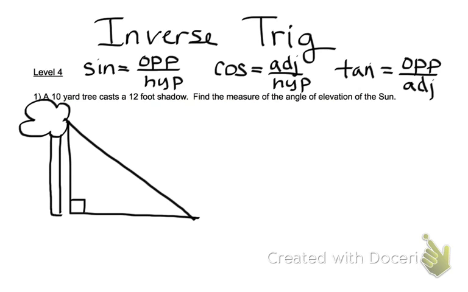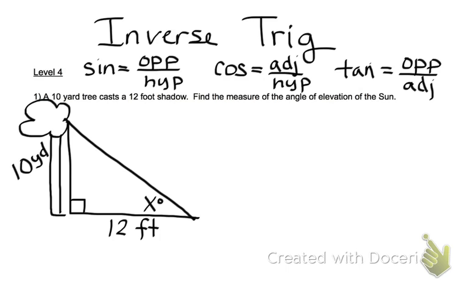Our tree is 10 yards tall, so I'm going to label that 10 yards. When it casts its shadow, which would be on the ground, it's 12 feet. Then it's asking for the angle of elevation up to the sun, so I'm going to label that X. That's the angle that's going upwards.